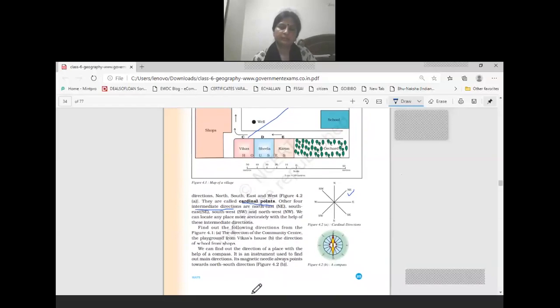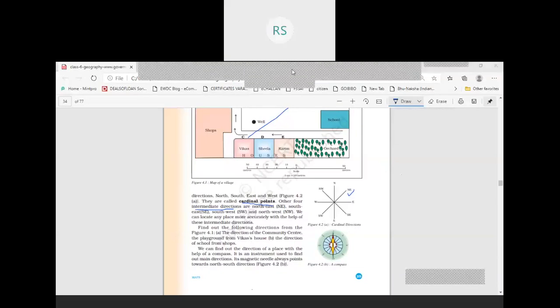Now we can find out the direction of a place with the help of a compass. Now we will know about the compass. What is a compass? This is a figure of compass, and a compass is an instrument used to find out main directions.